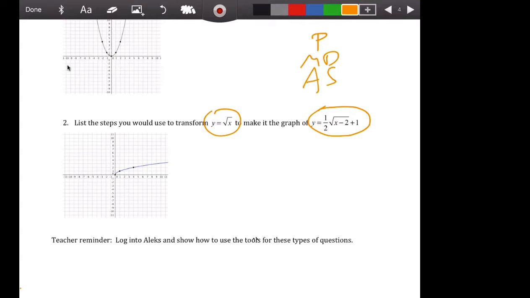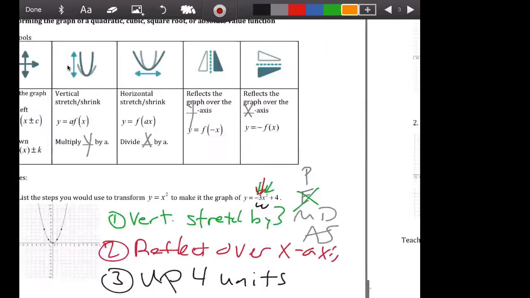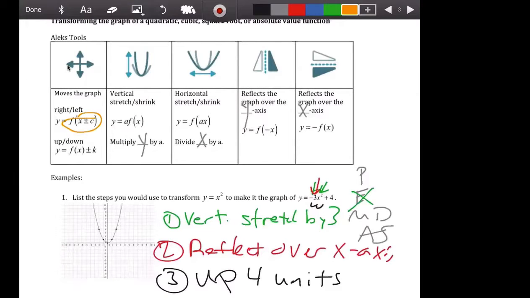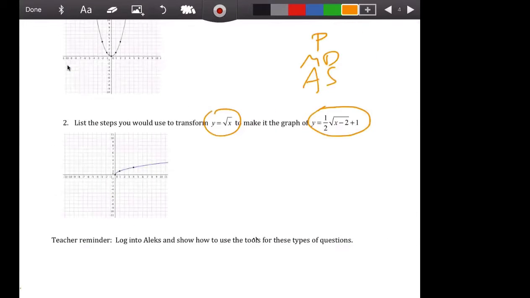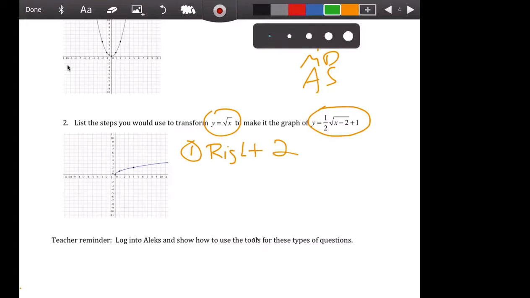In the parentheses, or the grouping symbol, which is this square root symbol, there is a -2. If the minus is in with the x, then we're either going to go right or left. Because it's minus, the first thing we're going to do is go right 2 units.